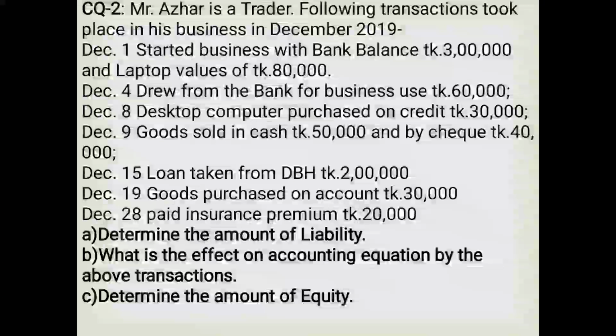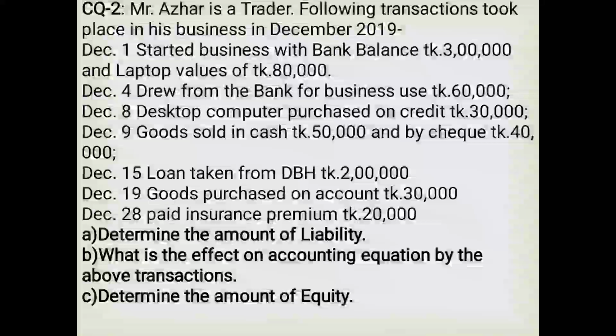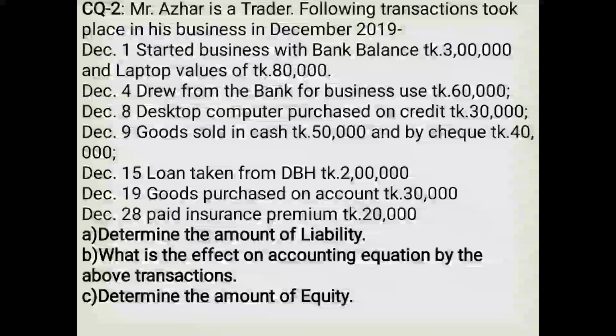December 1 overall 3,80,000, December 19 negative amount 30,000, December 28 negative amount 20,000. Total plus added amount 3,80,000 plus 90,000 is 4,70,000, and minus the deducted amount 50,000. So this is the amount of equity, 4,20,000.